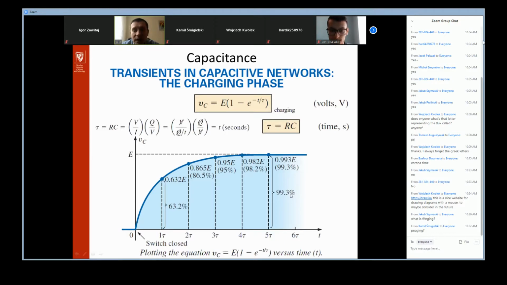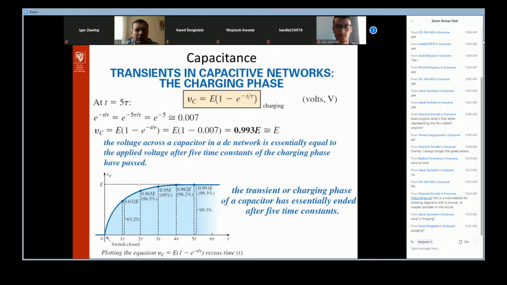So we can say that the steady state for electronic circuits where we have capacitors can be reached after a time equal to 5 tau. Tau depends on the resistance and the capacitance in this case.